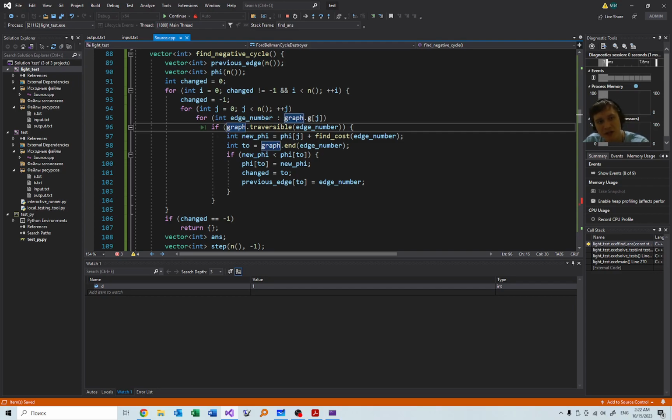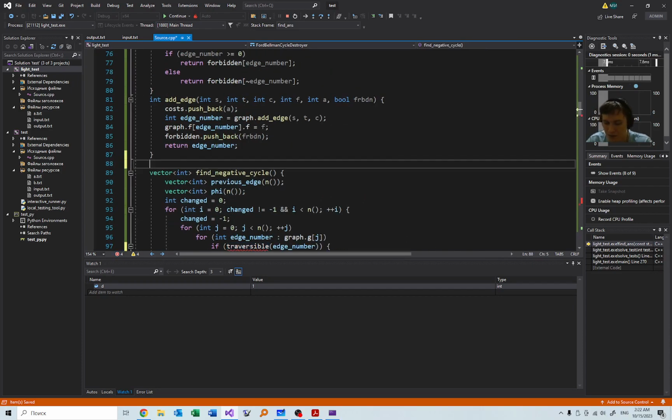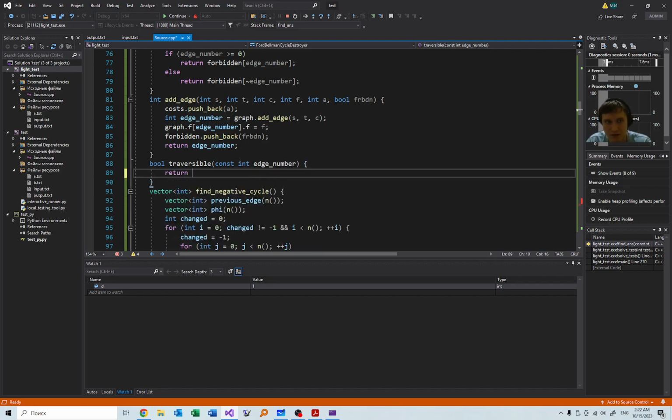And when we check traversable, we need to check two things. Bool traversable. We need to check not forbidden of edge number, and we need to check that it is traversable in the graph.